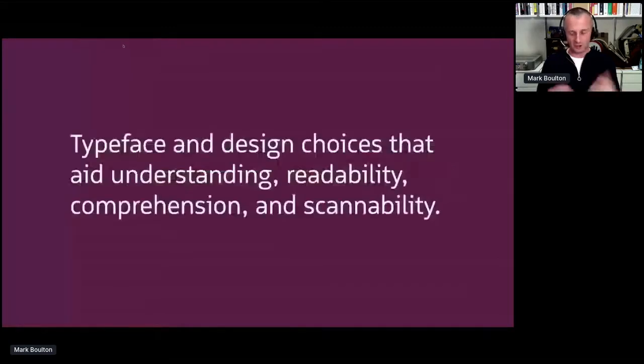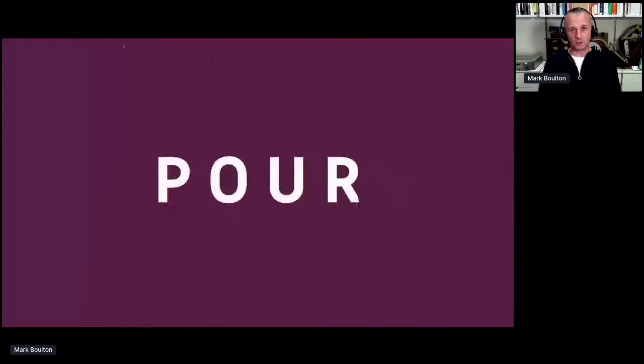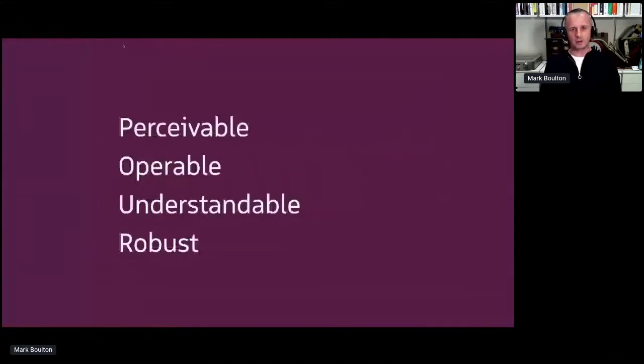So how I like to define accessible typography, and this is how I like to look at it, is it's a bunch of design decisions, a bunch of design choices that we make that can aid understanding and readability, comprehension, scannability, all of those things that good typography enables and empowers. But it also sits alongside WCAG's framework. So you may have heard of POUR, which stands for perceivable, operable, understandable, and robust.